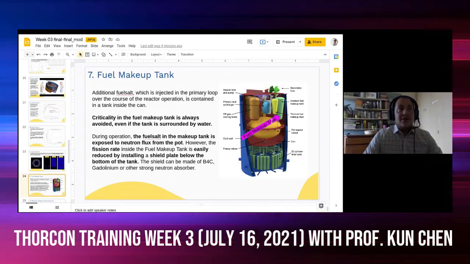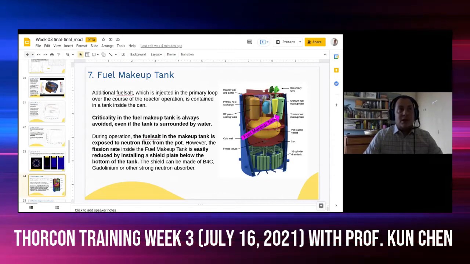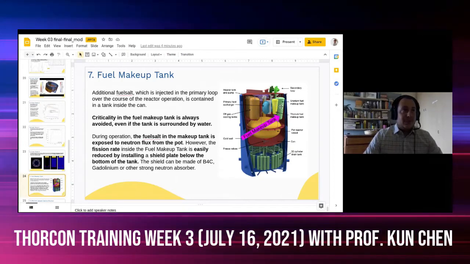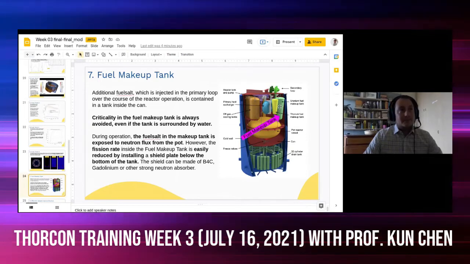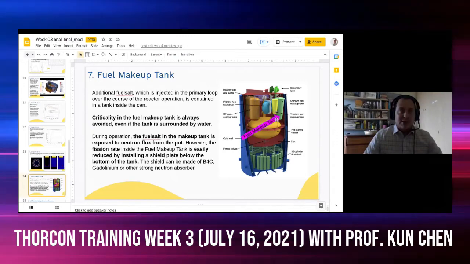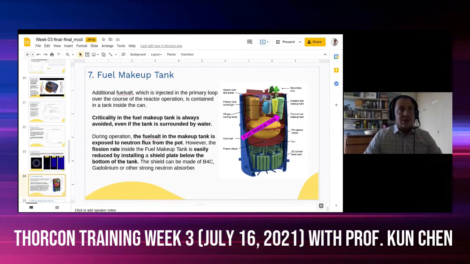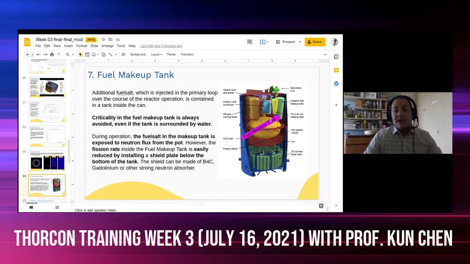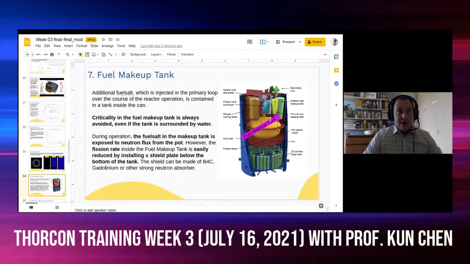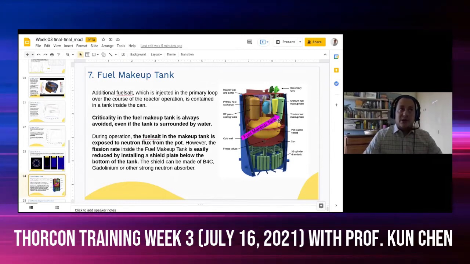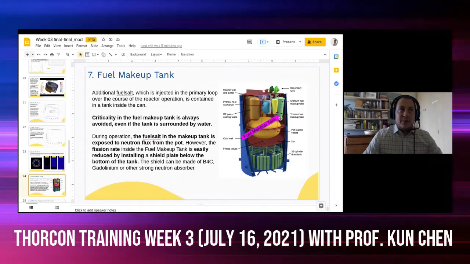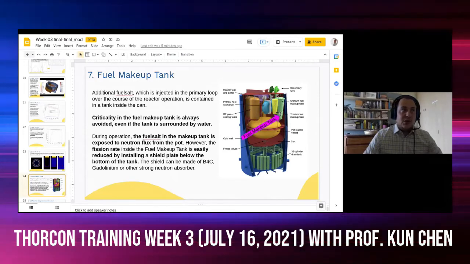Nonetheless, the fission heating due to the fission occurring in the fuel makeup tank might induce a temperature beyond what is desirable for the component, and so this component is shielded by steel or porous steel or boron carbide plates to further reduce the amount of neutrons leaking from the core and reaching the fuel makeup tank, inducing fission in nominal operation.